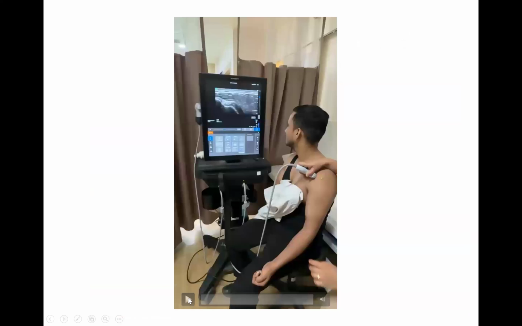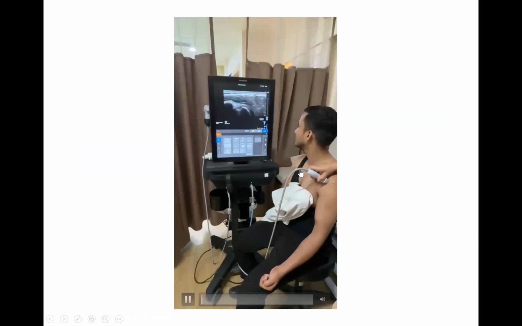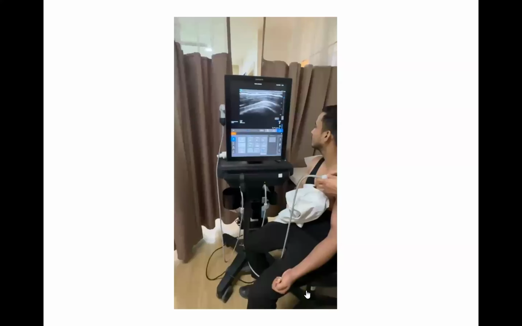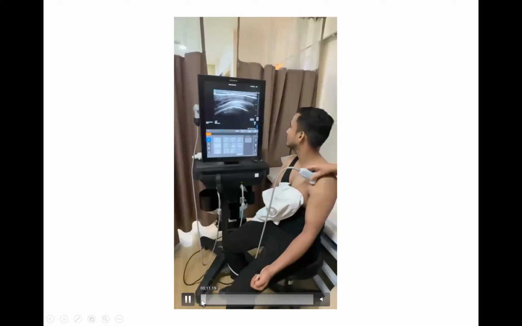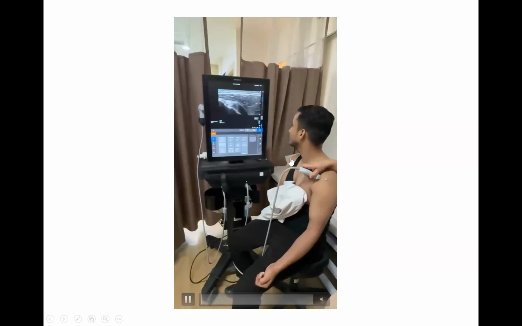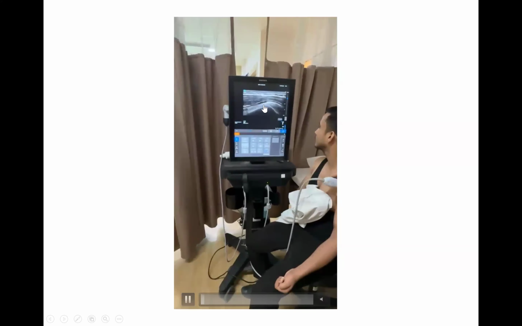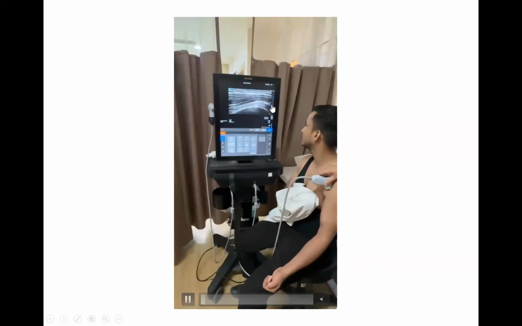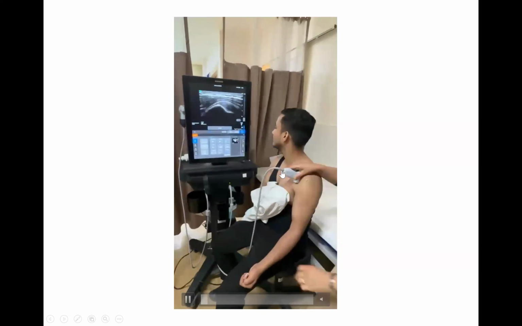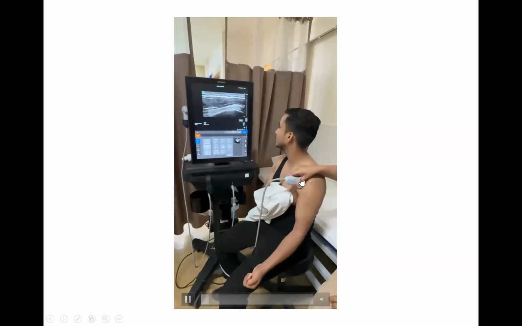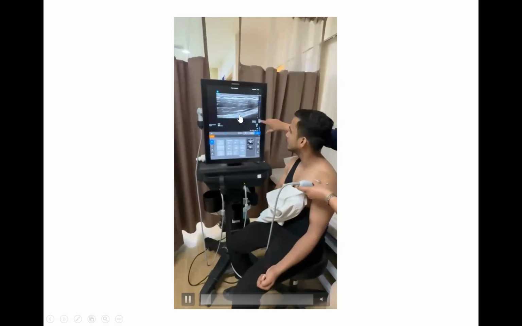Again, the short axis of the biceps, we look for the biceps tendon. Then we move the probe in the long axis of the biceps, look for the biceps going up into the joint, then move the probe a little below.